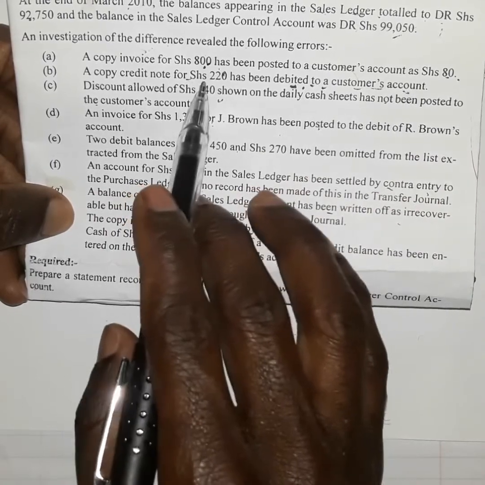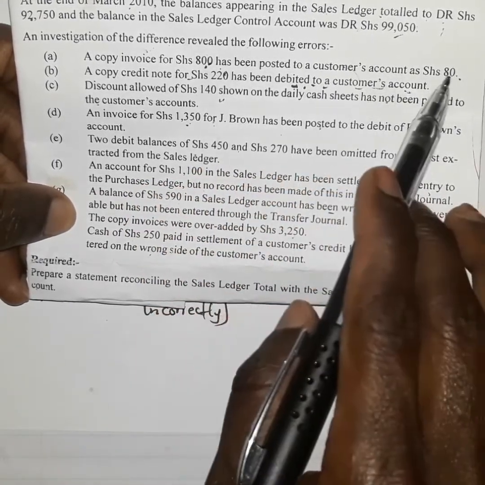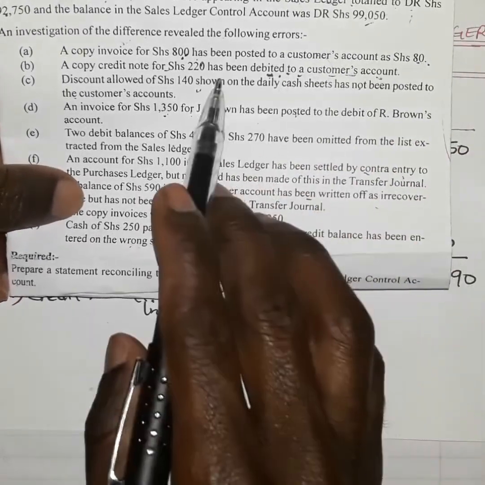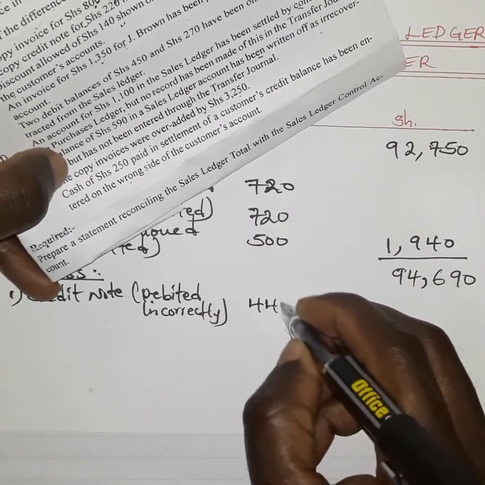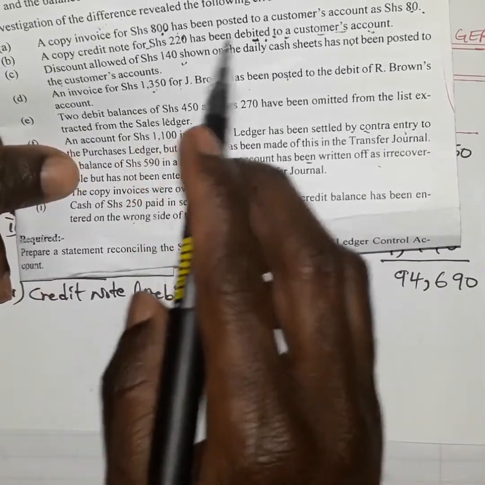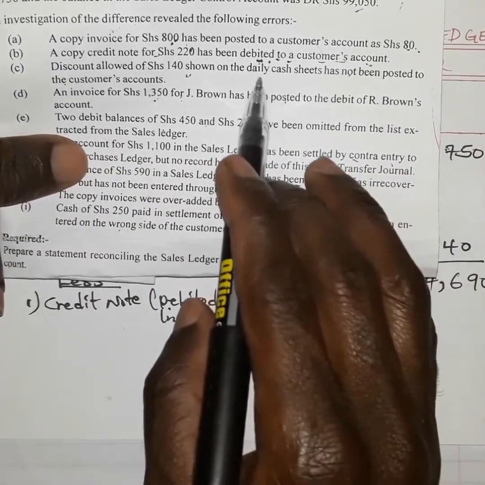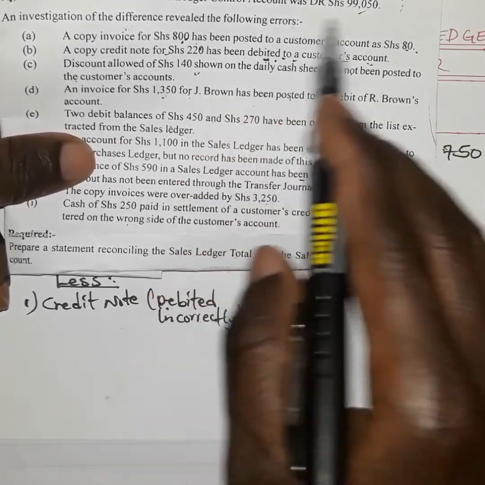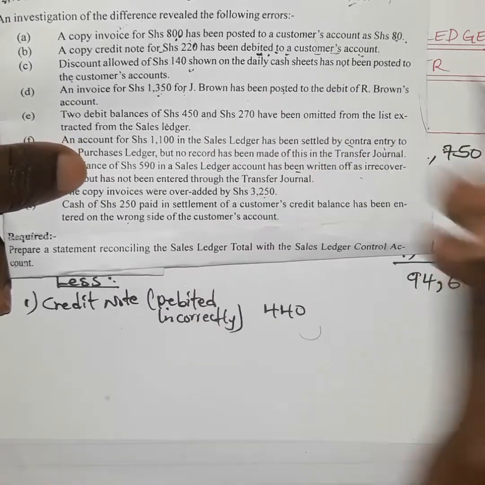Again, the first entry is the credit note which was debited incorrectly. This amount is supposed to be credited to reduce the account due to overpayment. So we deduct an amount of 440. The first 220 is to cancel the incorrect entry, and then the second 220 is to make the correct entry on the credit side.